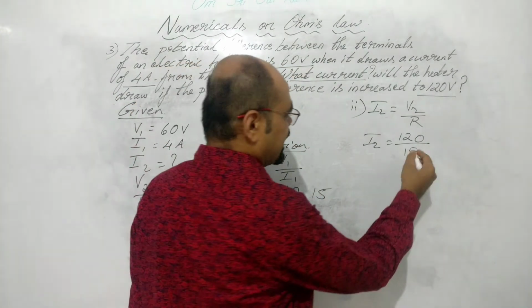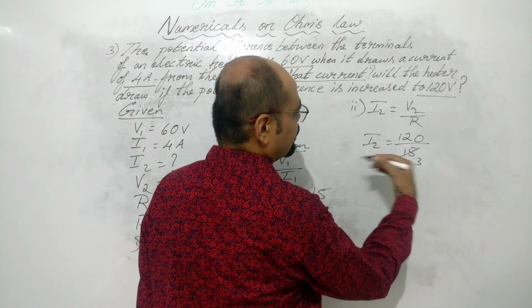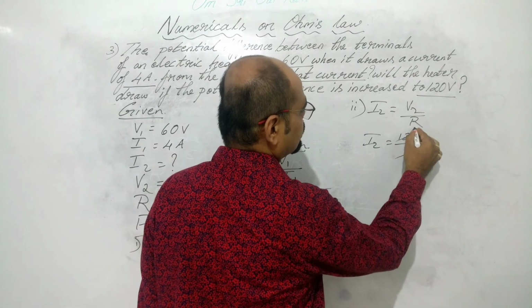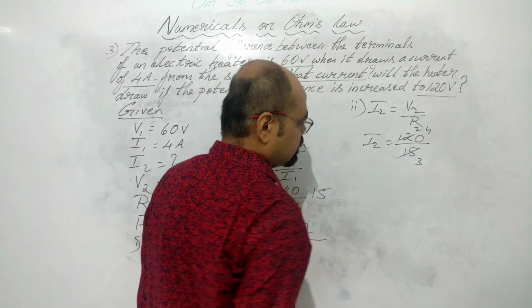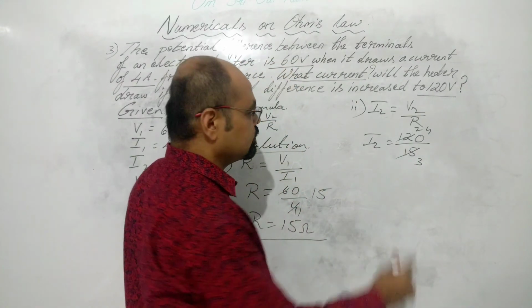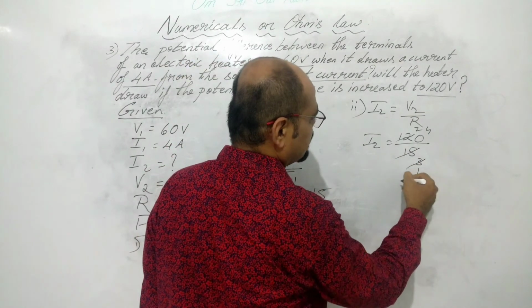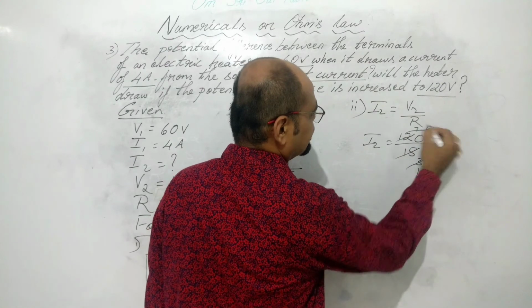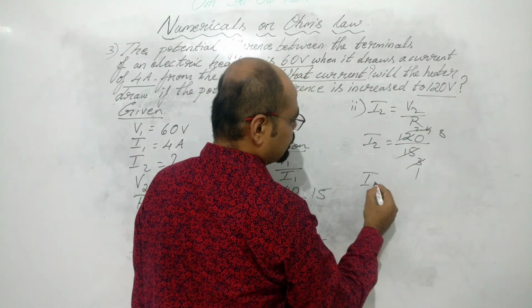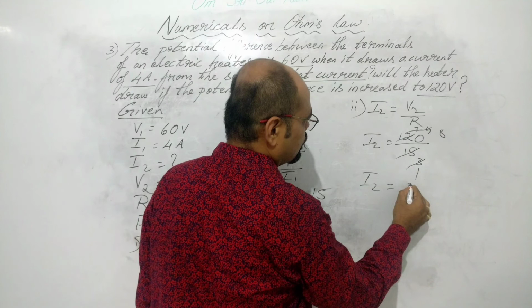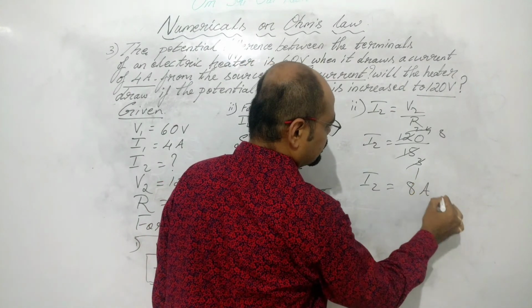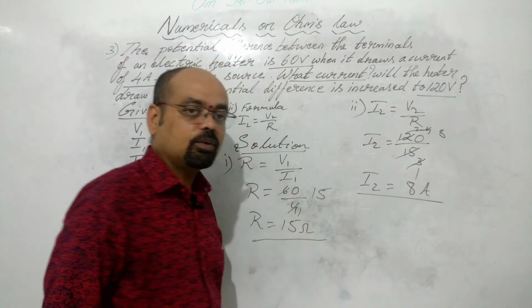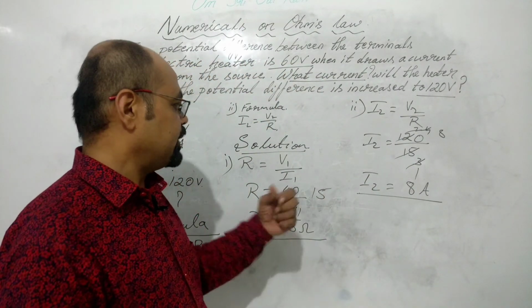Correct? So we can cancel it. 5 threes are 15, 5 twos are 10, and 5 fours are 20. So I2 is equal to 8 amps. I2 is equal to 8 amperes.